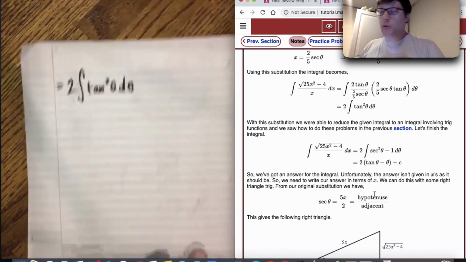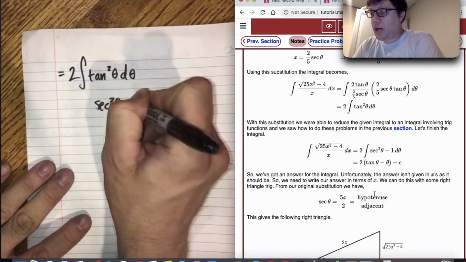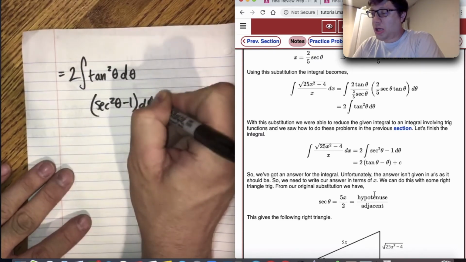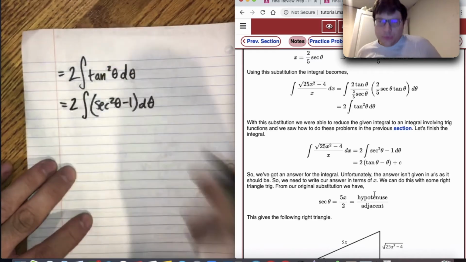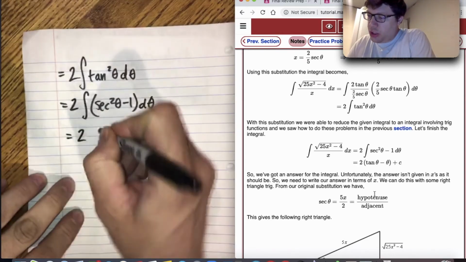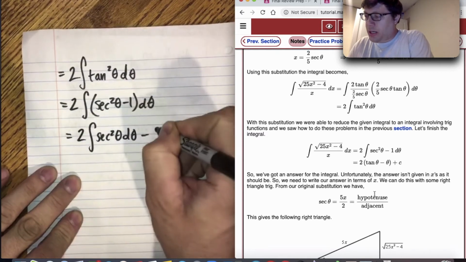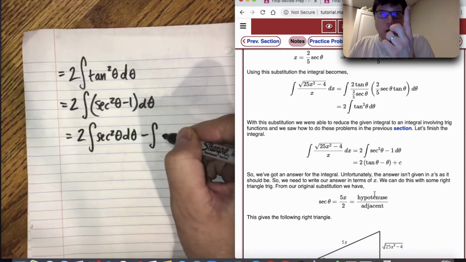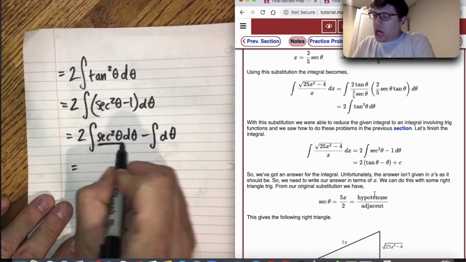But wait, there's more. Tangent squared theta becomes secant squared theta minus 1, and we're integrating, which means we have the integral of 2 secant squared theta d theta minus the integral of 1 d theta.